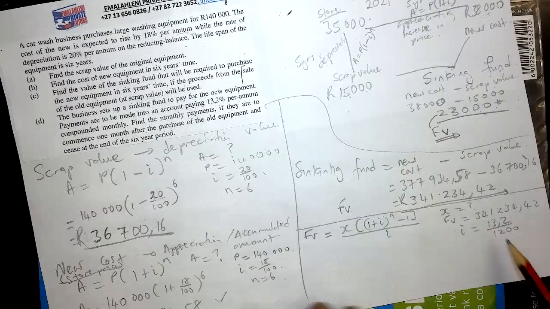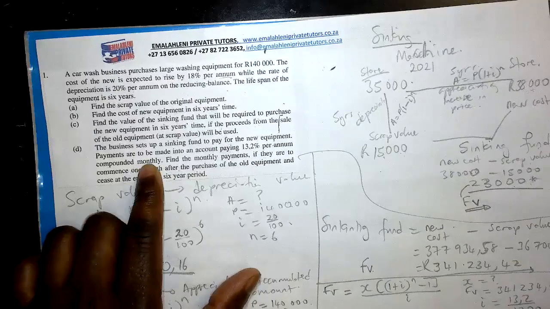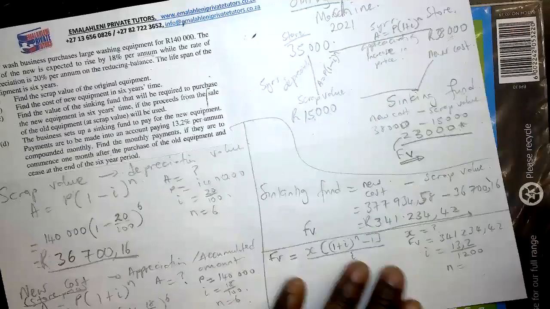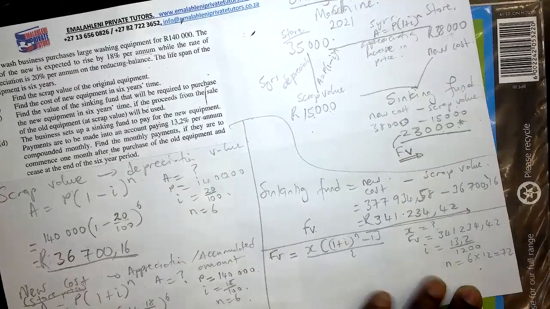Okay. Then what is our N? Our N is going to be, compounding monthly, it's for how long? For 6 years. So it's going to be 6 times 12. It's going to give us 72. Okay. Then now what do we do now?